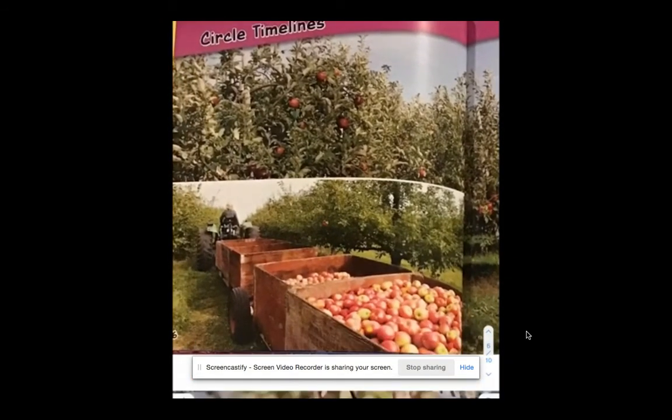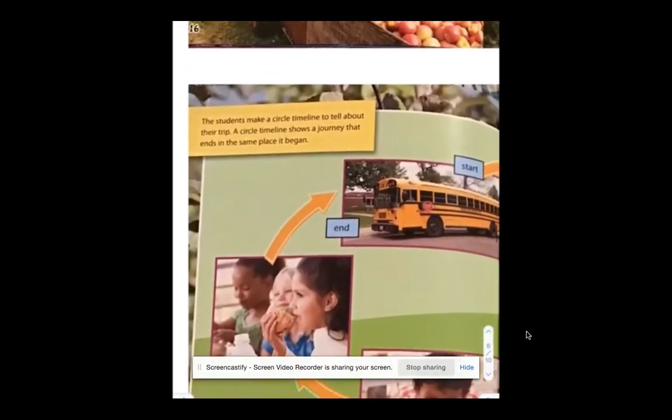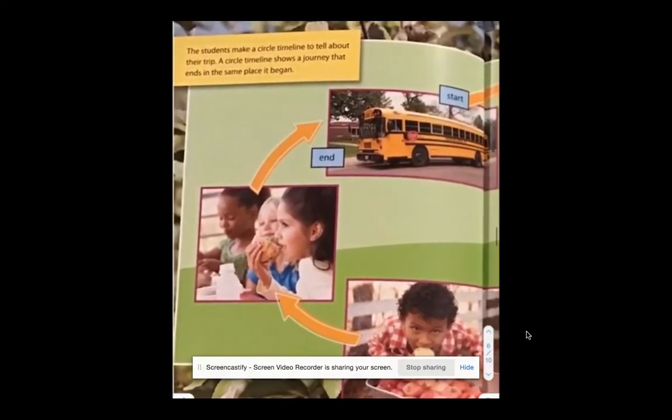Circle timelines. It is time for a field trip. Mr. Smith's class takes a bus to the apple orchard. The students pick apples, ride in a hay wagon, and bob for apples. After a picnic lunch, they ride the bus back to school. The students make a circle timeline to tell about their trip.